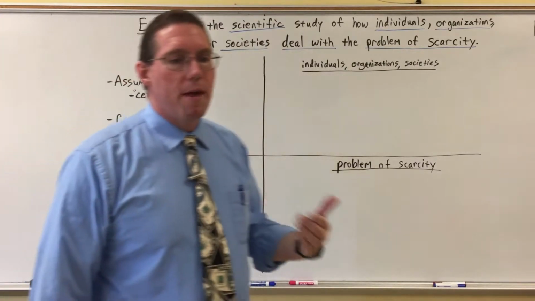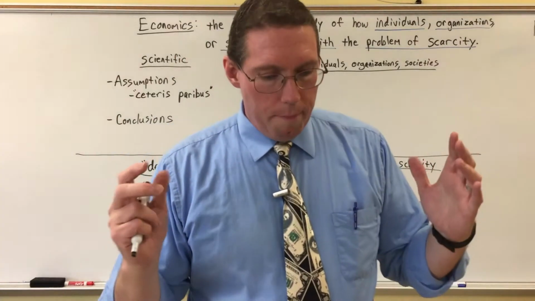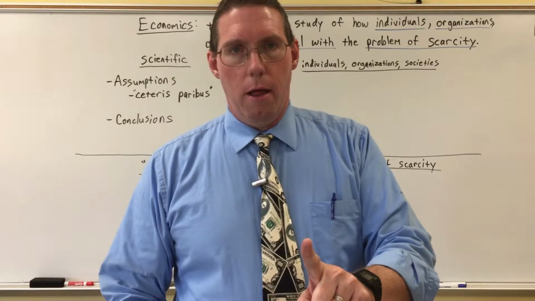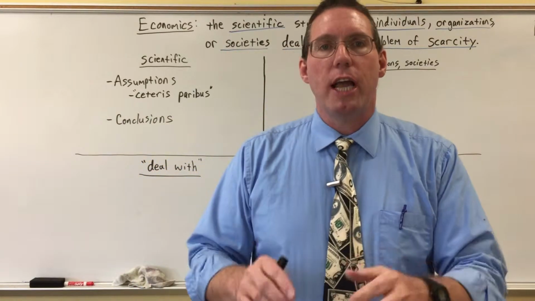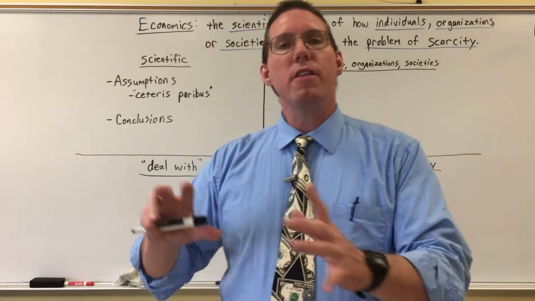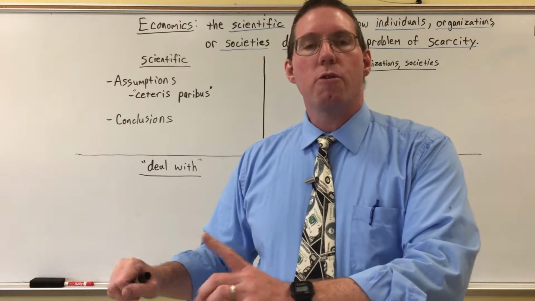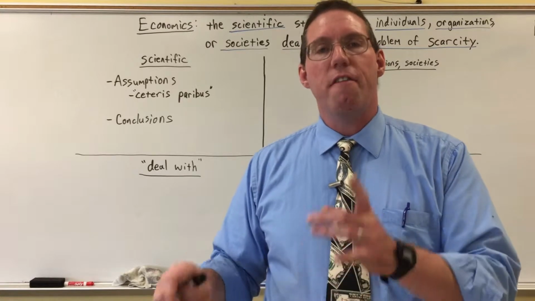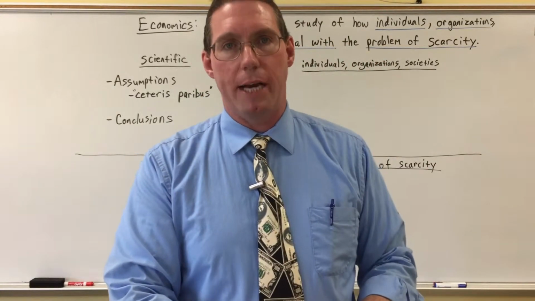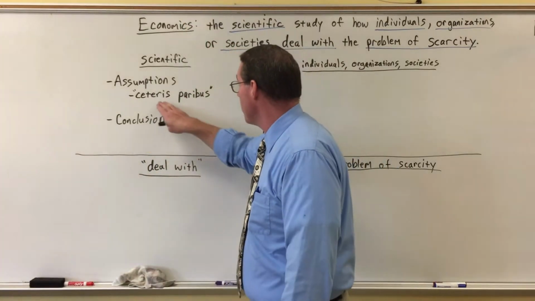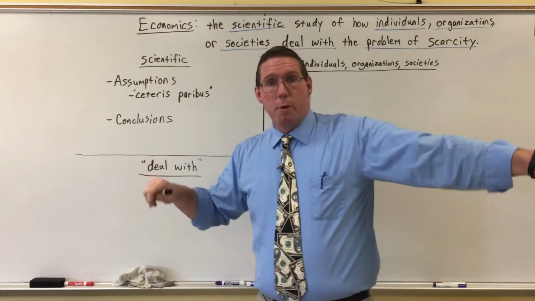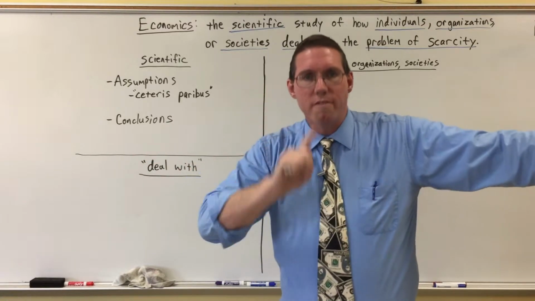Ceteris Paribus basically means to examine one variable by not changing any of the other variables. You are holding everything else constant so that you can isolate the effects of a single variable on some other phenomenon. Okay, so Ceteris Paribus says that we're isolating all other variables so that we can examine one variable that's changing.